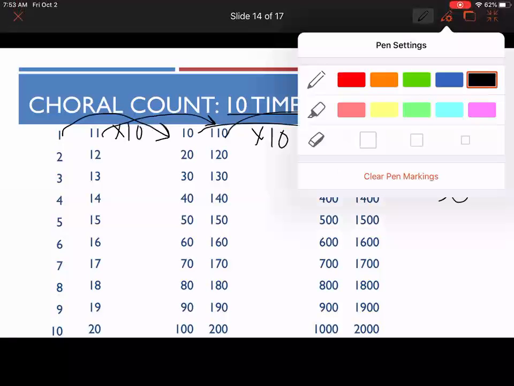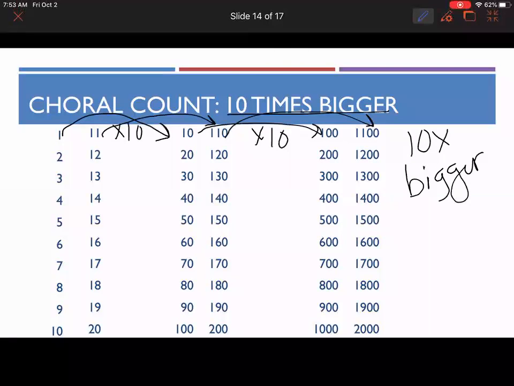Because you might have also thought about, well, if I do 1 to 10, I can reason additively by saying, oh, that's only 9 more. 2 to 20 is 18 more. 3 to 30 is 27 more. And so we can see a pattern that way, but that type of reasoning is called additive reasoning. So I want to juxtapose, compare and contrast this idea of multiplicative reasoning versus additive reasoning.